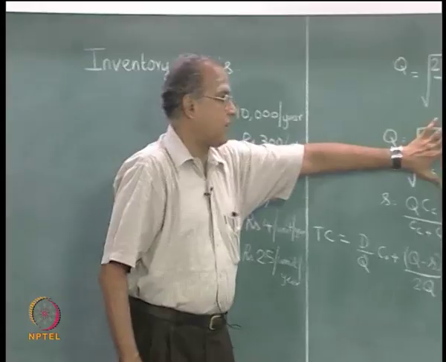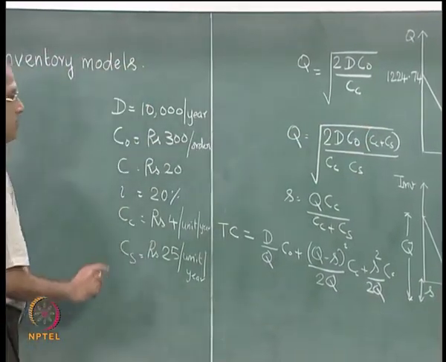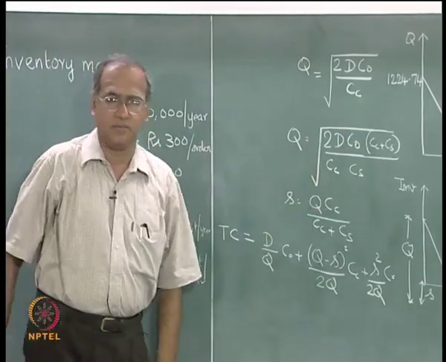So we apply this formula to compute the economic order quantity. So Q is equal to root over 2 D C naught Cc plus Cs by CcCs.